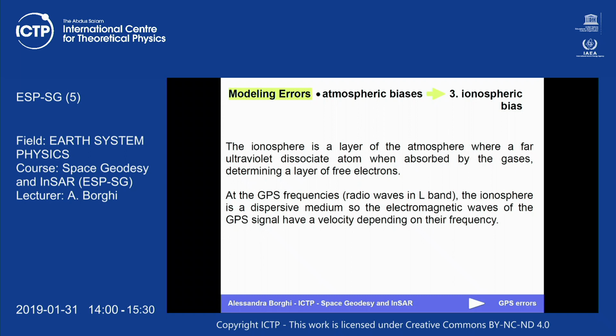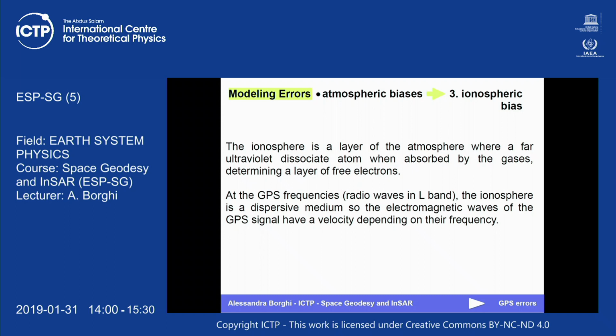Okay, we start from the ionosphere. We have a lot of atoms with ions, because of the dissociation of the atoms, so it's a layer with a lot of ions, positive and negative. And the important thing is that the ionosphere is a dispersive medium for the GPS signal. What is a dispersive medium?